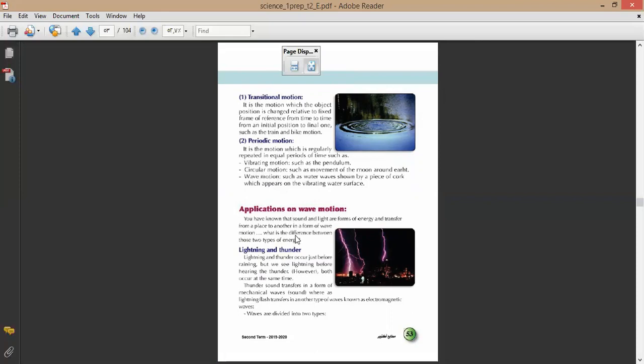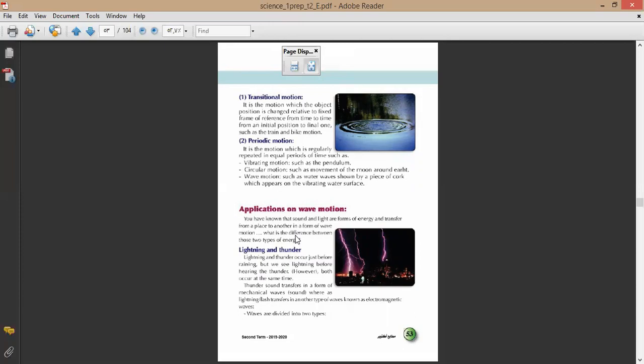Do you know when it is raining, you can hear thunder and see lightning. Pay attention: you hear thunder, this is a voice, and see lightning. These are natural phenomena of wave motion.